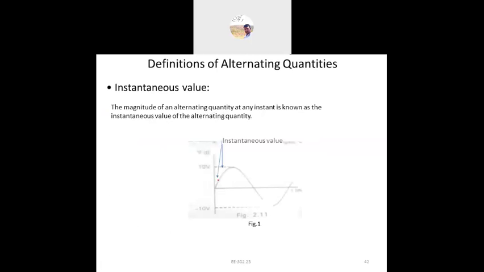At this point the magnitude is 10 volts positive, and here 10 is negative. This is one instant value, this is another instant value, this is the 90 degrees instantaneous value, and here is the 180 degrees value. These are all different.